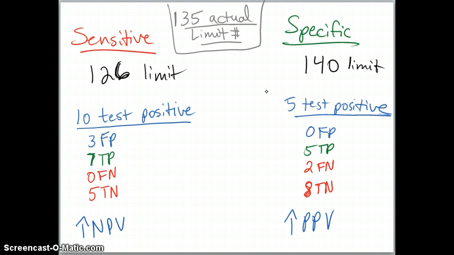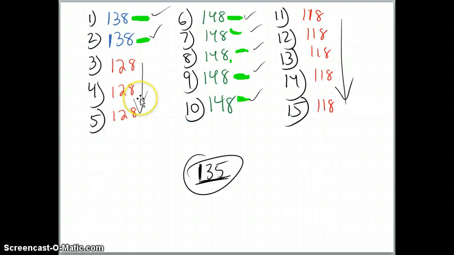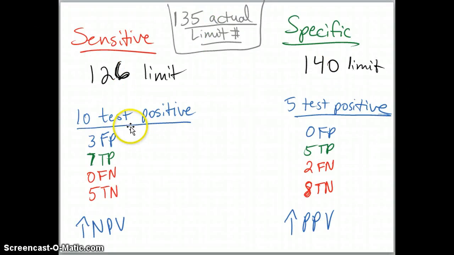So if 135 is the actual limit, if we set the limit to 126, okay, then 10 will test positive, because based on these right here, 126, right, everyone in this column and everyone in this column are over 126, right? So if all of them in both columns are over 126, then that means all of them are going to test positive for this very sensitive test.